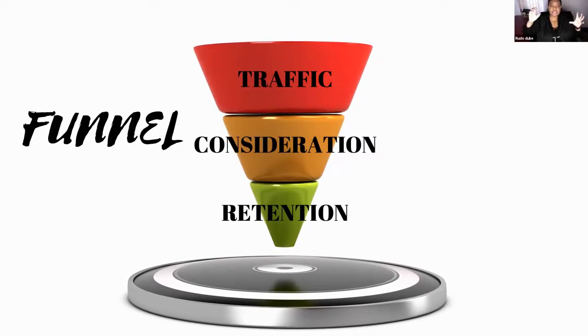And then the consideration, where you funnel them down and they're considering your products. And then at the end, you have the retention, which is the small part of this whole big funnel. This is just to show you what a funnel looks like when it comes to your digital marketing.